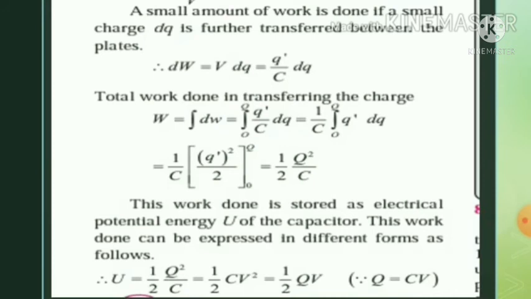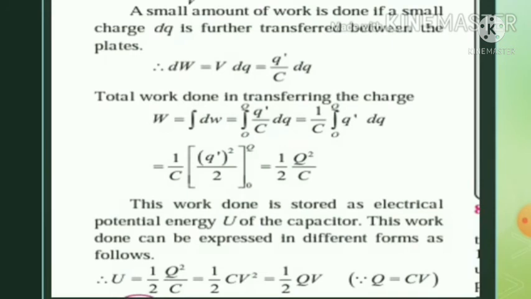So the total work done in transferring the charge is integration of dW, which is nothing but W. We can write W equal to integration from 0 to capital Q of Q dash upon C into dQ.